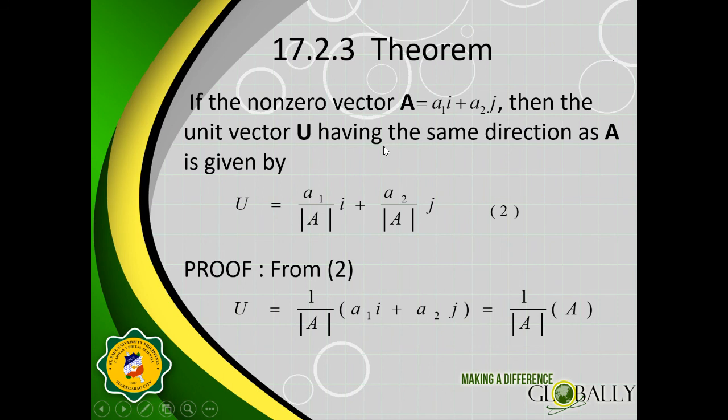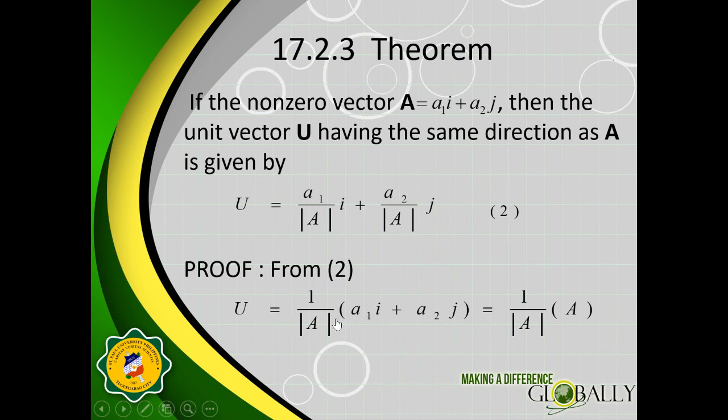Theorem. If the non-zero vector A equals A1i plus A2j, then the unit vector U having the same direction as A is given by equation 2. Proof. From 2, we can put the magnitude of the vector A outside the bracket.